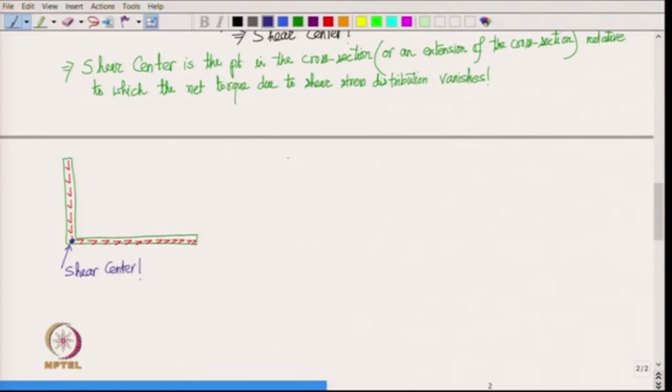Okay. Let us look at an annular cross section. In this case, it turns out the shear center is right at the center itself.